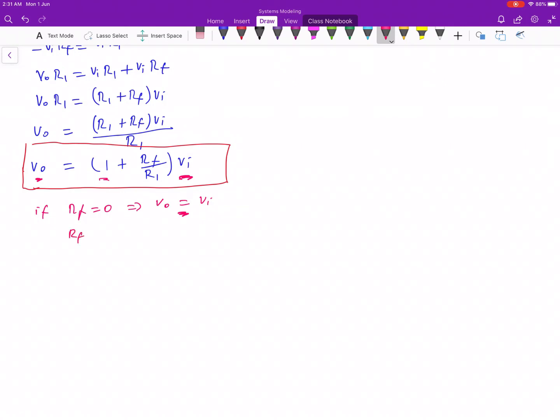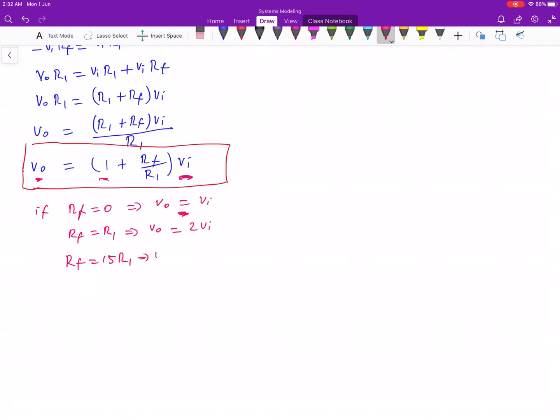What if Rf is equal to R1? If Rf is 10, R1 is 10, that's going to be 10 over 10 is 1. 1 plus 1 is 2. So this implies that V naught is equal to twice Vi. That's still larger than Vi. What if Rf is equal to maybe 15 R1?